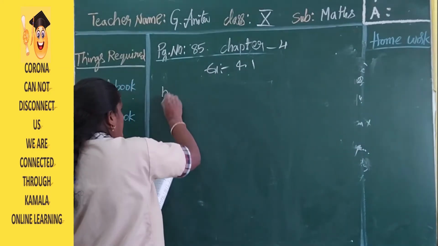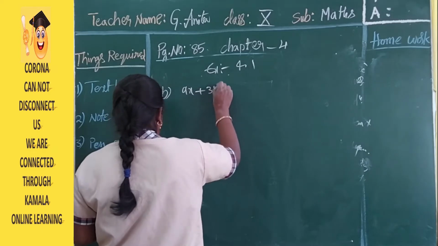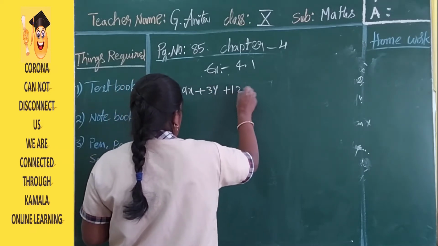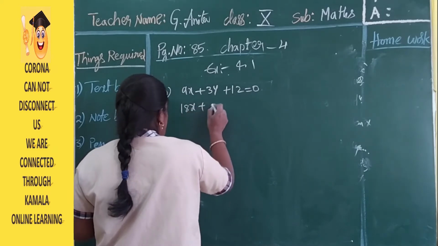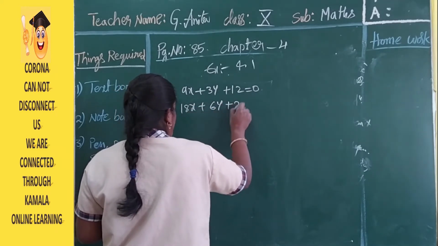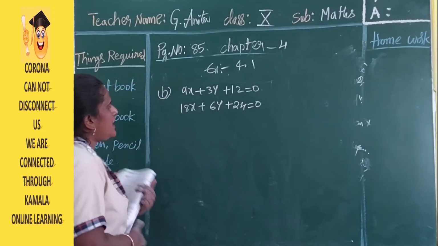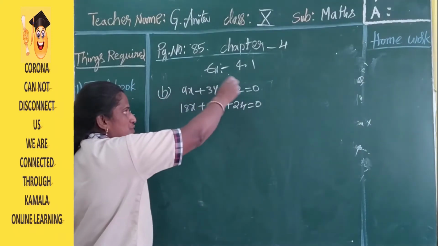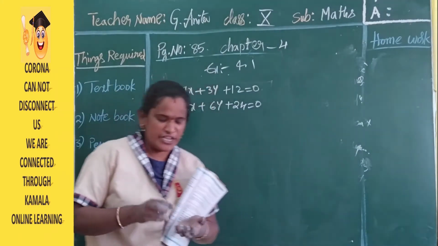question. 9x plus 3y plus 12 should be equal to 0. Next, 18x plus 6y plus 24 should be equal to 0. So these two equations, we compare them with the general form of a pair of linear equations.